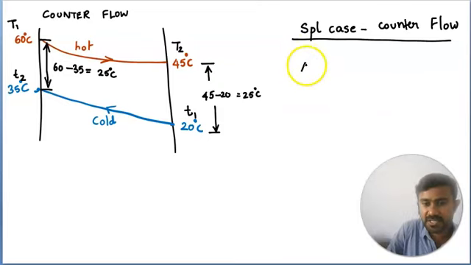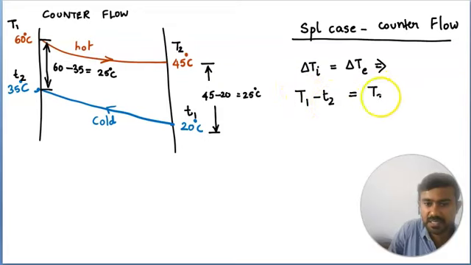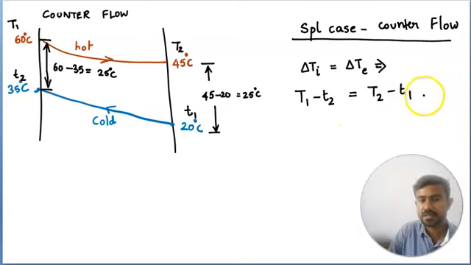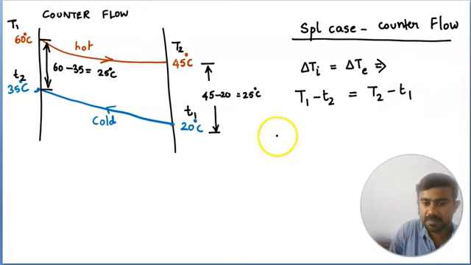In a counterflow heat exchanger, if the temperature difference at the inlet and the temperature difference at the exit happen to be equal, that is T1 minus t2 equals T2 minus t1, then what will happen to the LMTD?